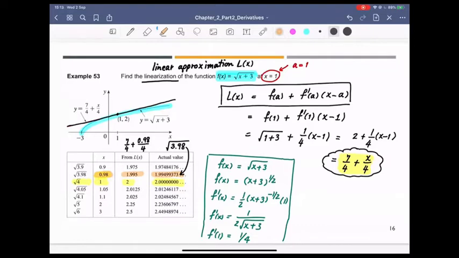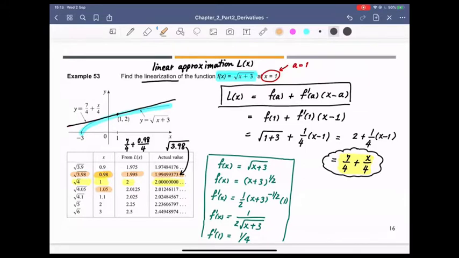Does it make sense? This way we can avoid the hard way to compute square roots. I have a square root function, so I am going to approximate it by using a linear function, which is easier to compute. Let's suppose I look at the point x equal to 1.05.